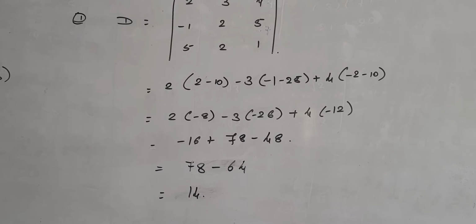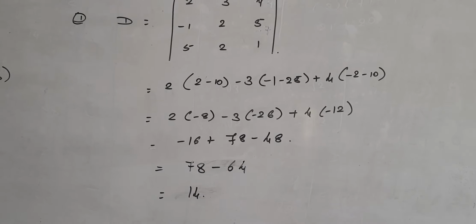See, for the row we use R and for the column we use C. Number 1, Ri to Ci. Now this Ri to Ci symbol we use to convert the elements of all the rows into columns.